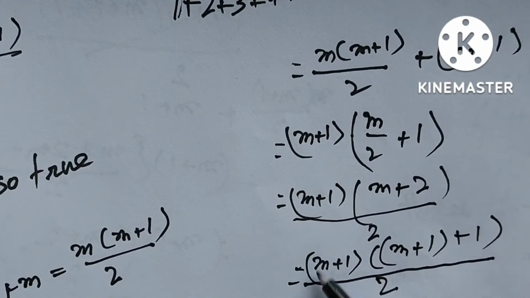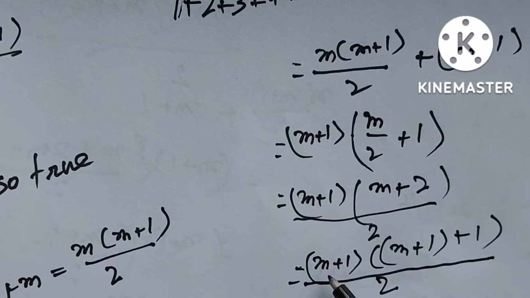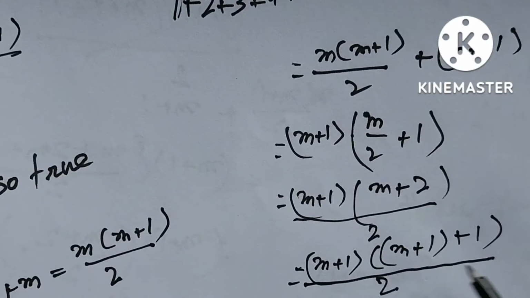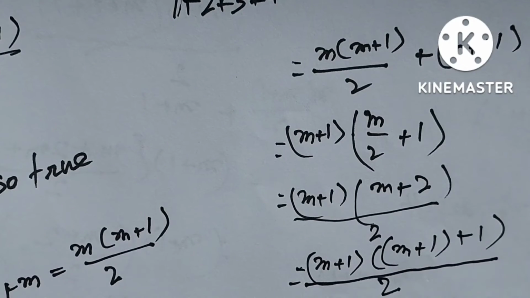That is, if m plus 1 is something like p, q, r, s, anything, then it is p into p plus 1 by 2, which is the theorem. So, proved.